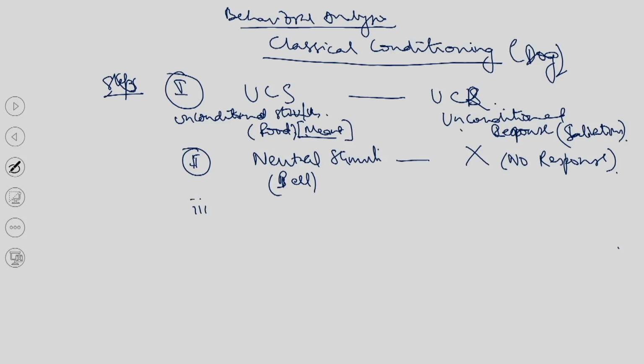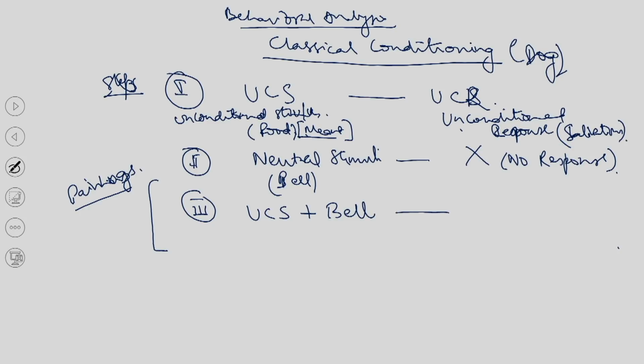In my third step, I do something called pairings. In pairings I present my unconditioned stimulus and then I present my bell with it. And then I have something called the conditioned response.